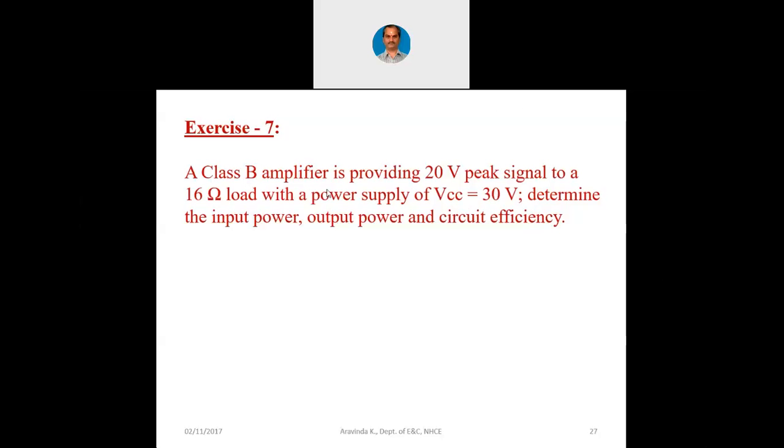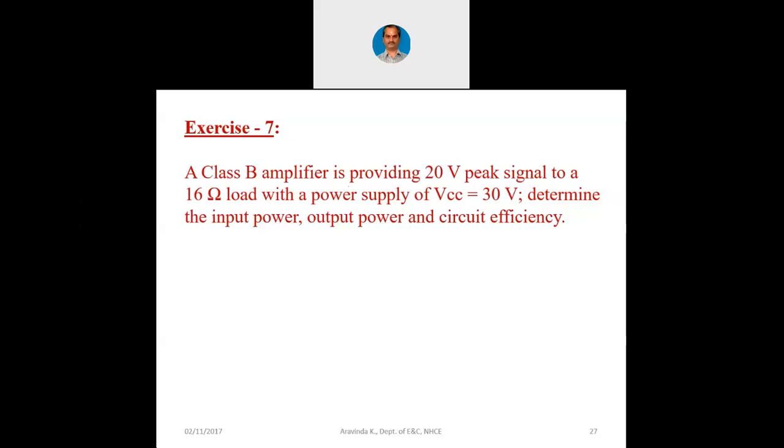Okay. So class B amplifier is providing a 20 volts peak signal, means VP is 20 volts. Load is 16 ohms. Power supply is 30 volts. Determine the input power, output power and circuit efficiency. Now can the students note down these values? I will show you the previous slide with the formulae. I want you to work it out.